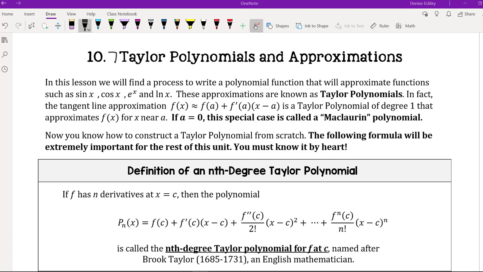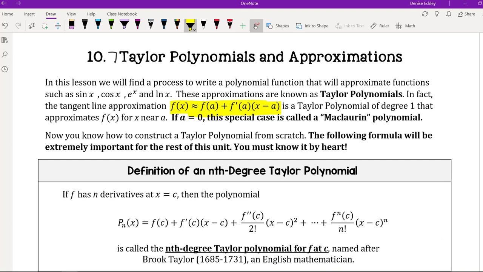So a Taylor polynomial is a polynomial of a certain type, and we've already worked with them a little bit. This formula right here, f of x is approximately equal to f of a plus f prime of a times x minus a, which was our linear approximation for a curve when we were trying to find a value.